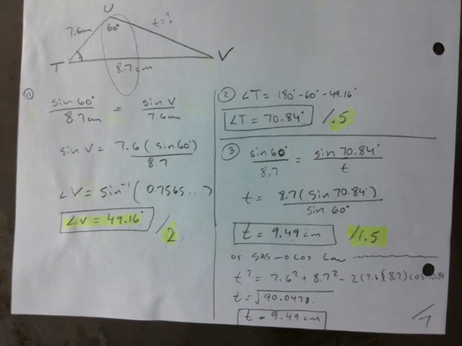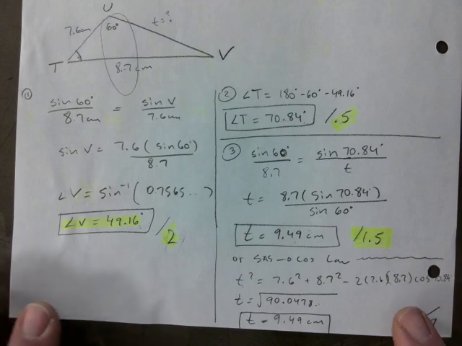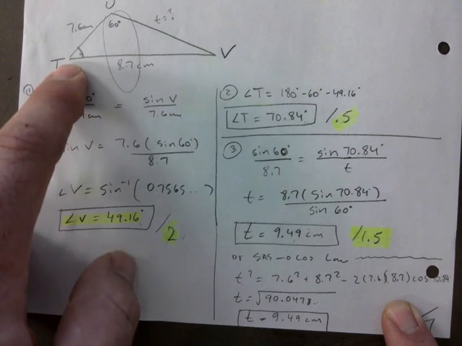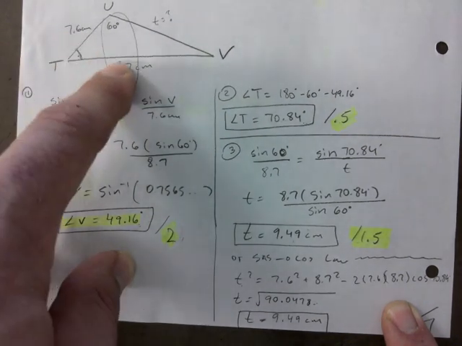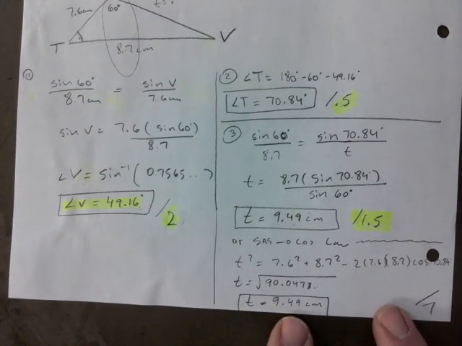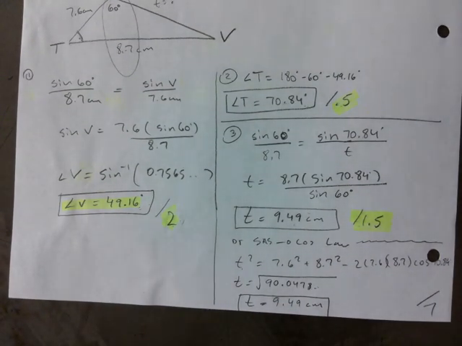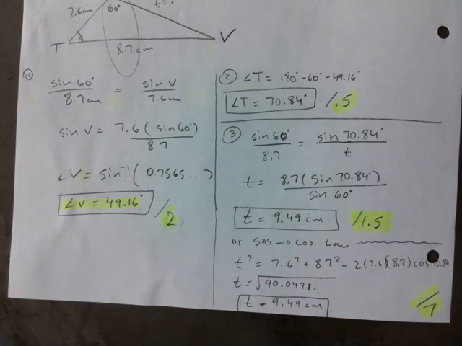If you use cosine law, because you could have, once you find angle T in this corner, you have an SAS here in this corner. So if you did that, you still get 9.49. So regardless of how you did it, you get the same amount of marks. So that's out of 7 there.